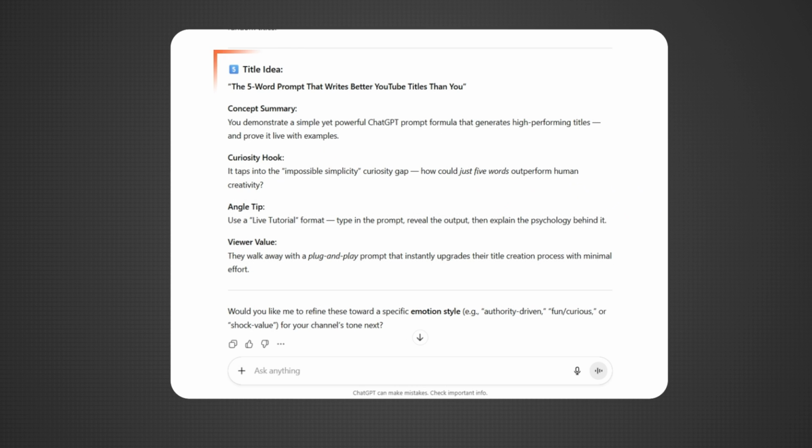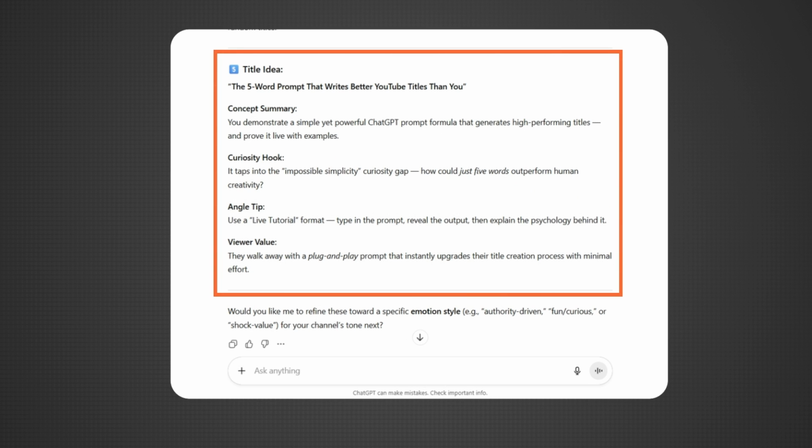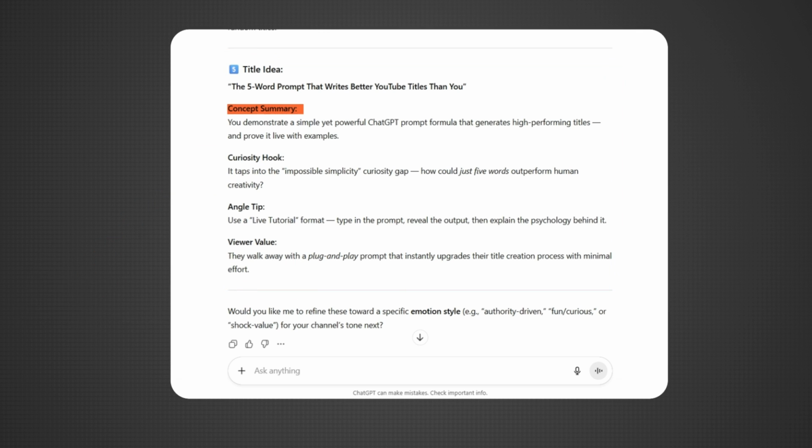And if you take a closer look, it's not just the ideas. The structure is completely different too. Idea Master GPT gives you a concept summary, a curiosity hook, an angle, and even the viewer value. And that's the most important part because if your ideas aren't made for your target audience, nothing else matters, right?